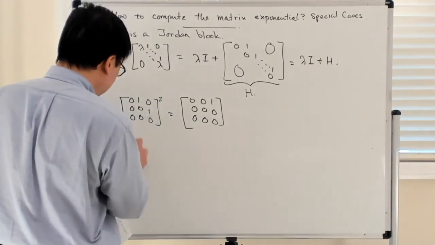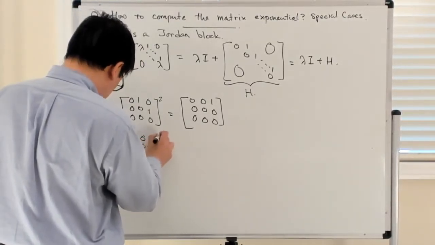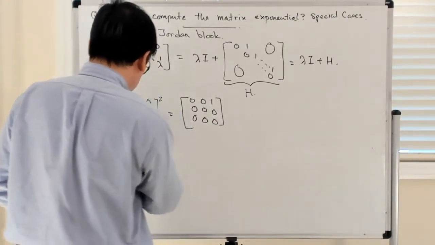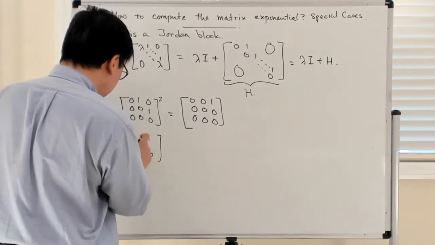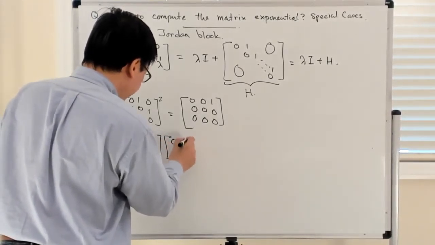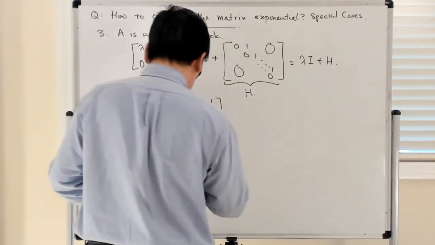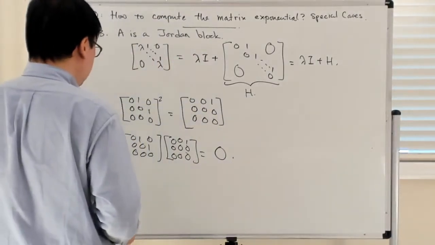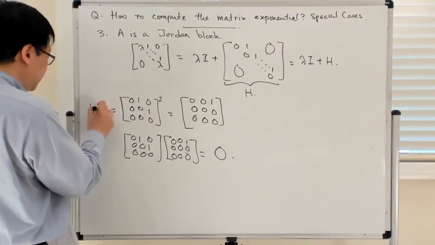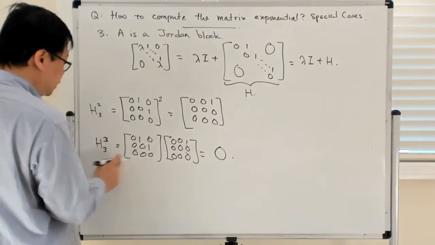So if you take this and multiply it, well, actually, let me take this. You can check that this just becomes the 0 matrix. Okay, so this is the H3 case, right? So H3 squared is this, and then H3 cubed is 0.